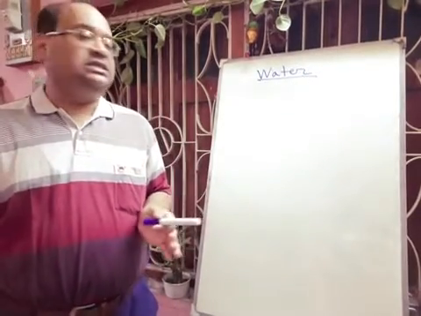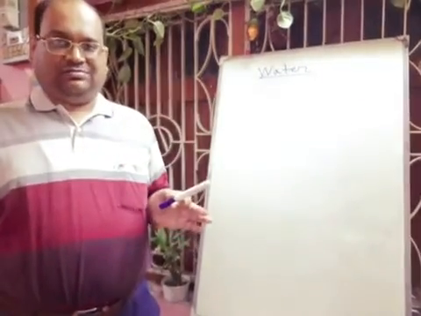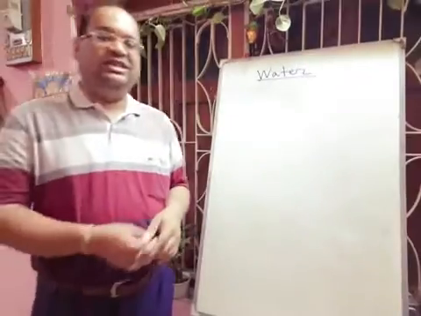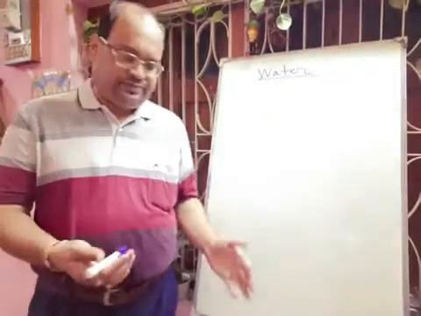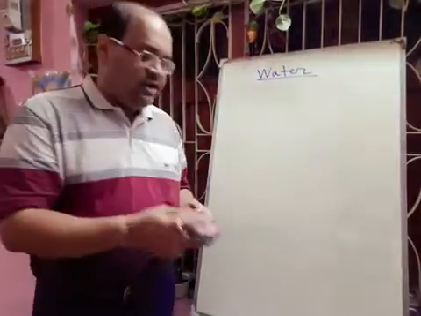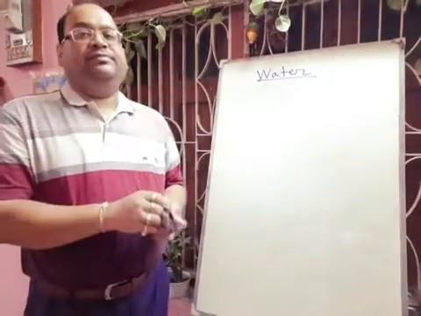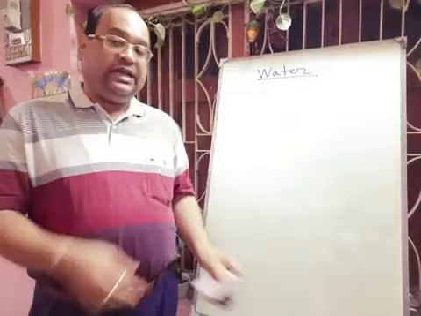Next we will discuss the experiment to determine the solubility of a solid. So in this case, what do you have to do? We have to take one dry, empty and clean china dish.